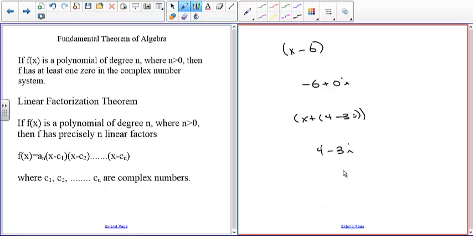Now, if you had something like x plus 7i as a factor, then 7i is also a complex number because you have 0 plus 7i. So just because it's missing either the imaginary part or the real part, it still makes it a complex number.